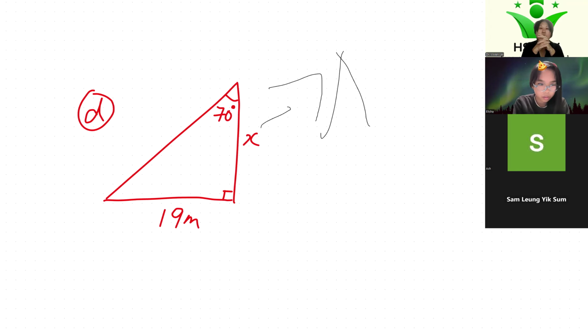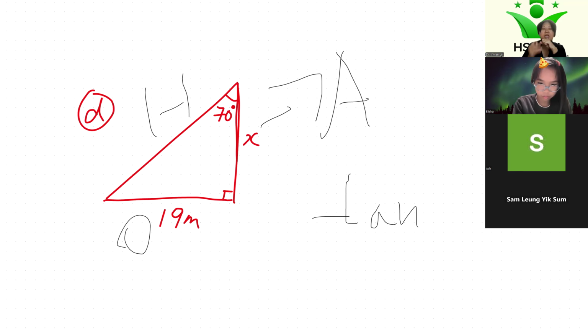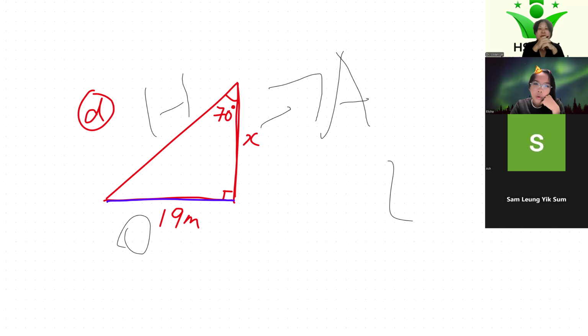So now A, you have A here, and you also have O there. So which one, sine, cosine, tangent, which one have A and O? Then that one is the thing you are going to solve. Right, tangent. Your theta is 70 degree. Change theta to be 70 degree.